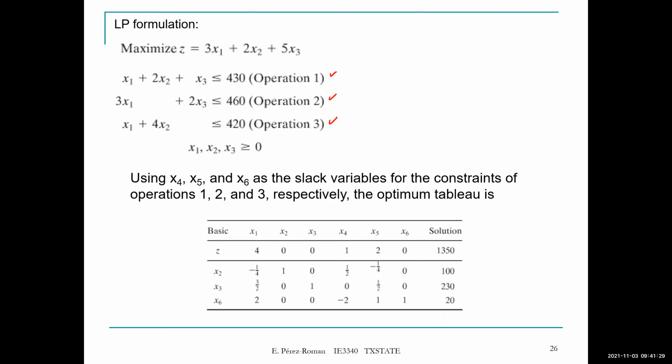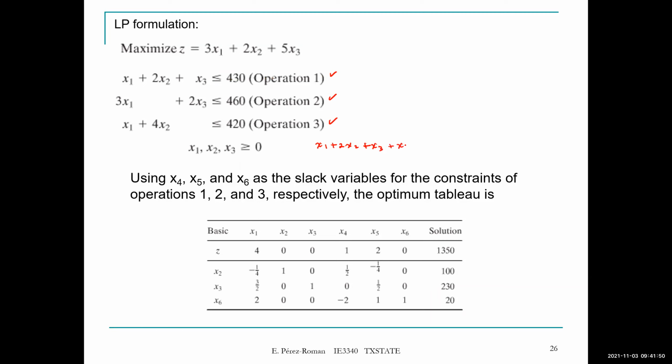So after solving the problem using those slacks, again, what I'm trying to say is these constraints are going to be X1 plus 2X2 plus X3.